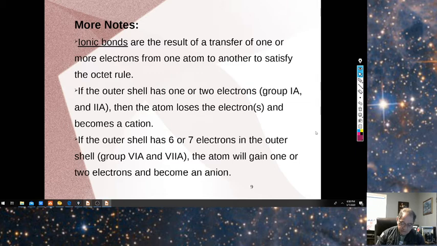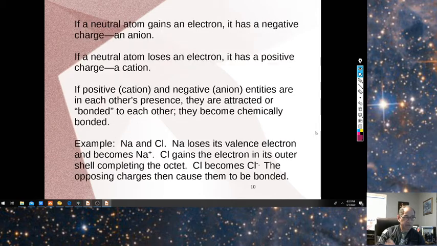And now, ionic bonds. What are ionic bonds? Notice the key thing, a transfer of one or more electrons from one to the other to satisfy the octet rule. Okay? Ionic bonds.